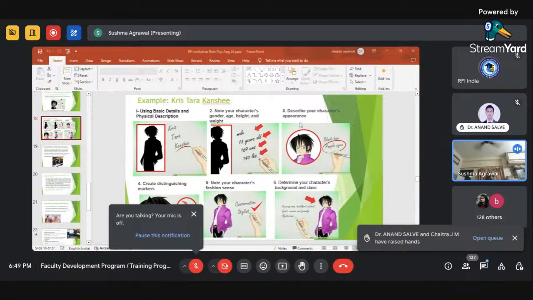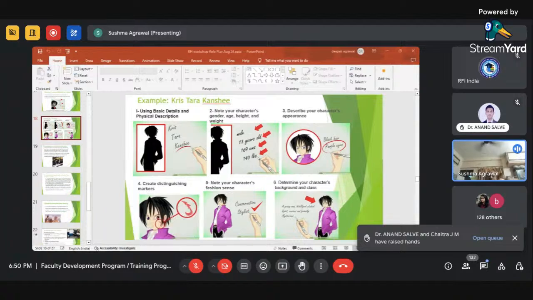Now, just looking at this character, I have identified three broad things. Number one, as per the dressing sense, this indicates that this character is a rich person. This is my imagination. It may differ for you. Looking at the hairstyle, we can say this character is stylish, and having big blue eyes indicates that this character is notorious too.